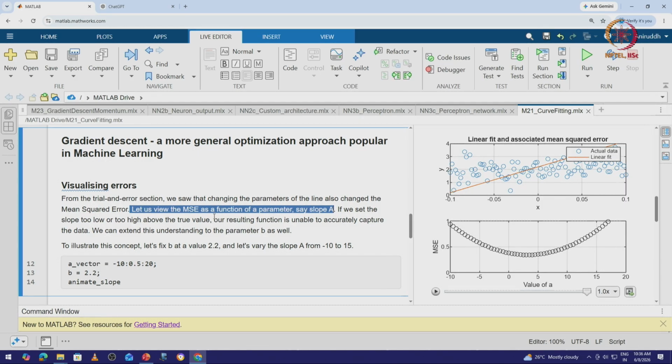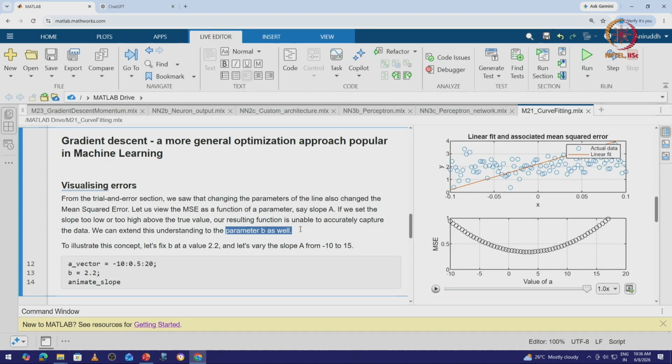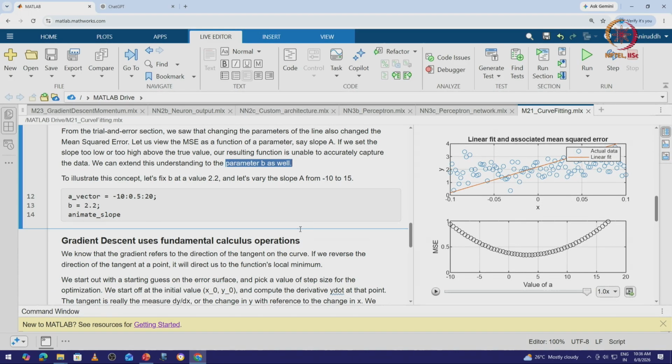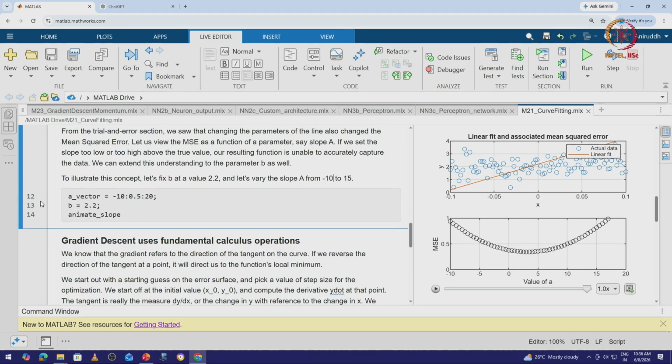Now if we set the slope to be too high or too low, then the resulting function is unable to capture the trend, and this also applies to the parameter B, which is the bias as well, right. Now let's take a concept where we keep B constant and keep varying the slope.